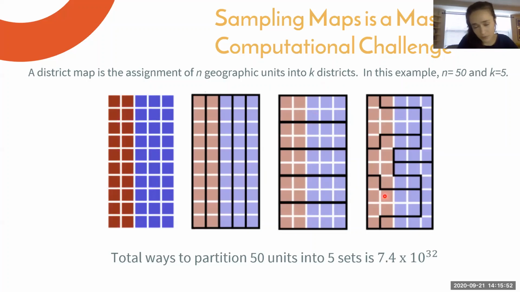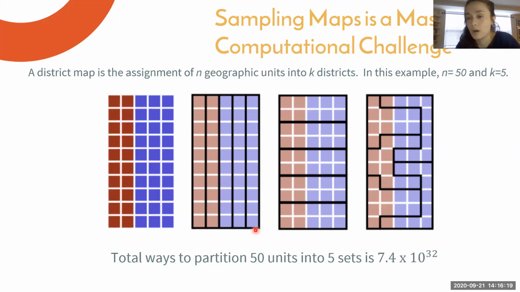Of course, not all of those are valid. For example, one of the biggest constraints in redistricting is that districts generally have to be contiguous, meaning they have to be connected. I can't put precincts here and make those a district, because they wouldn't be connected to each other. That cuts out a ton of options, but this whole collection of possible maps is definitely not enumerable.